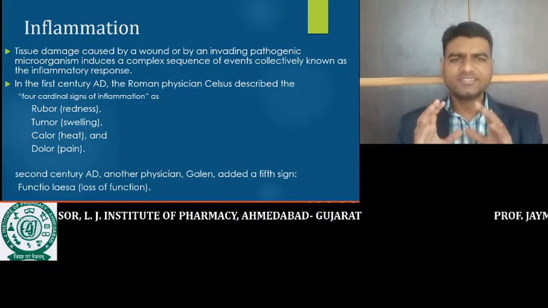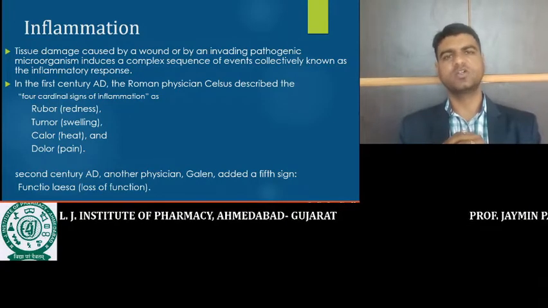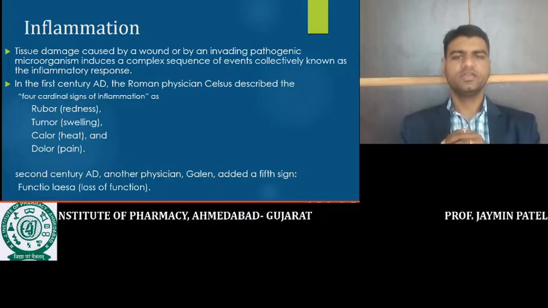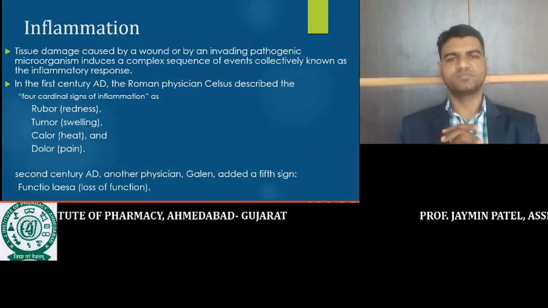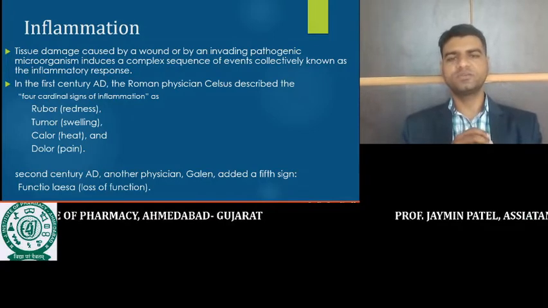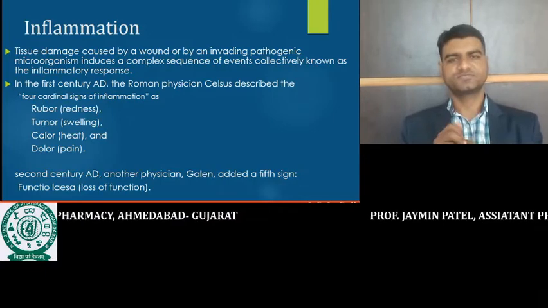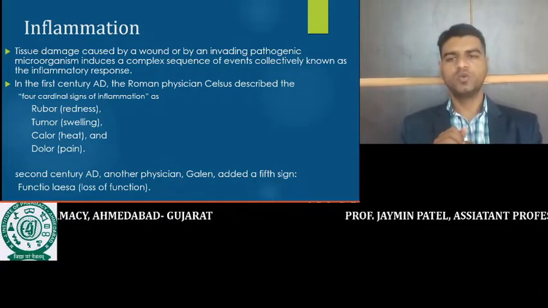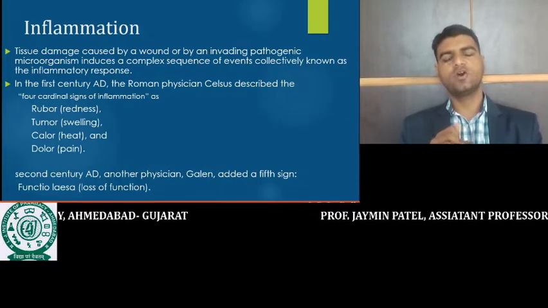So what actually happens in inflammation? How can we identify whether inflammation is occurring or not? If we talk about the past, in the first century AD, inflammation was described by four signs of inflammation. That means there are four symptoms through which inflammation can be described, and these four symptoms were given by the Roman physician Celsus. The four symptoms of inflammation are rubor, tumor, calor, and dolor.